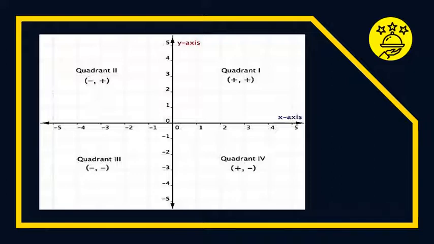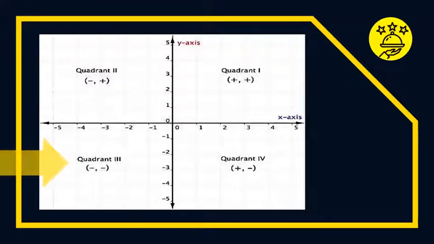Quadrant 1 is in the upper right side of the Cartesian plane. We have the positive x-coordinate and the positive y-coordinate. Quadrant 2 is the upper left side of the Cartesian plane. The point has a negative x-coordinate and a positive y-coordinate.